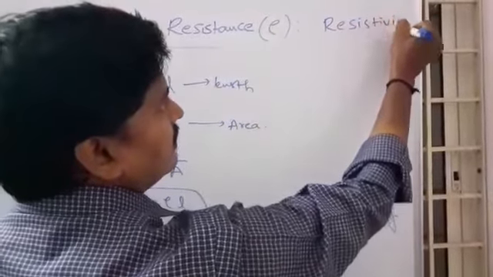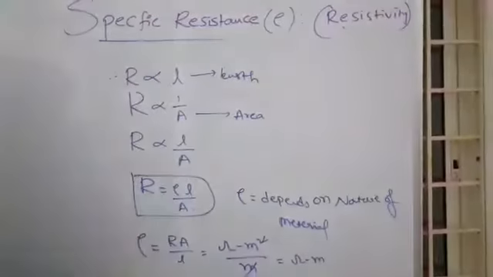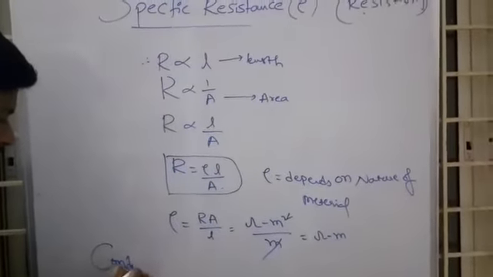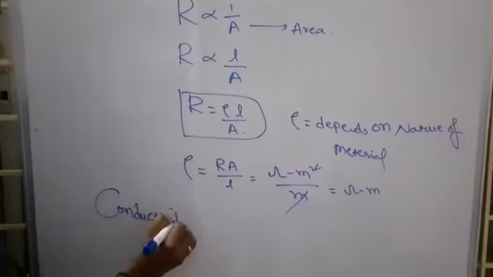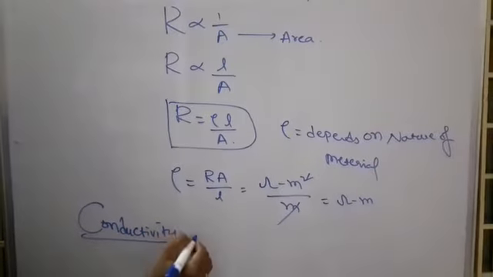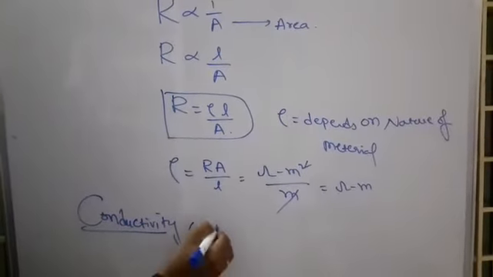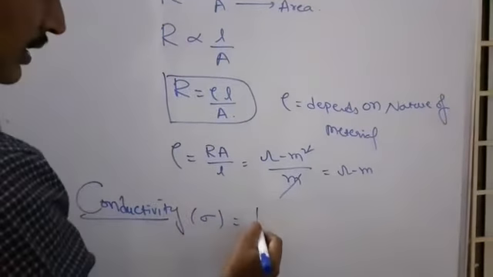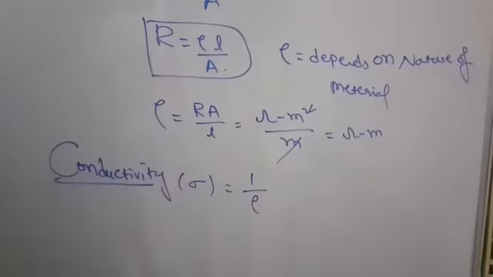Conductivity is nothing but the reciprocal of resistivity, that is 1 by rho.